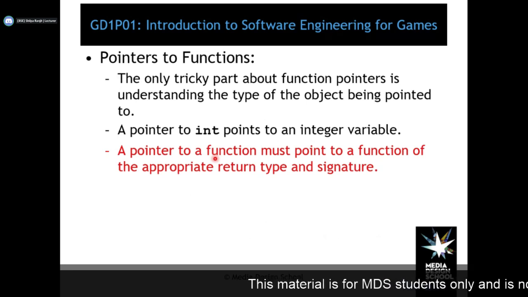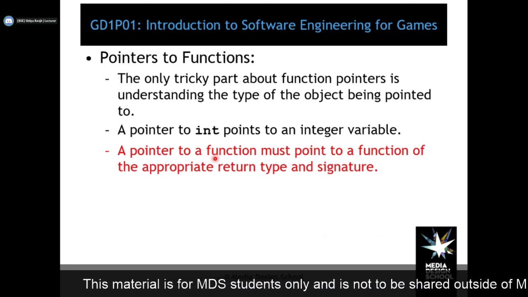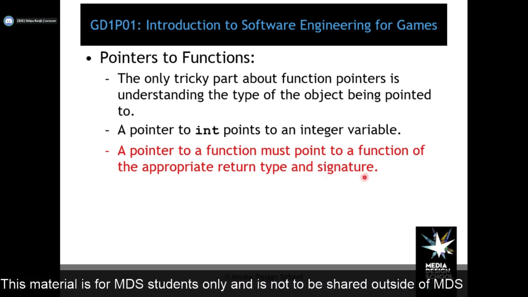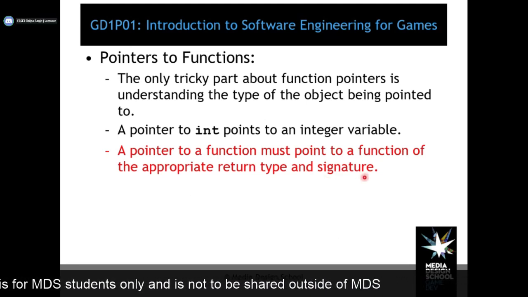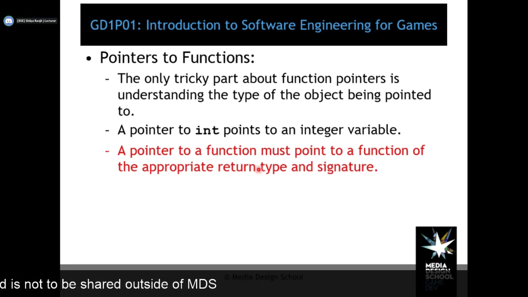Forget about the function name. That is not important in this case. What you need to remember is the signature. The signature means the argument list. So how many arguments does it have? What are the types of those arguments? What is the return type of the function? These are the important things, and that is what you will need to specify whenever you declare a pointer to a function.